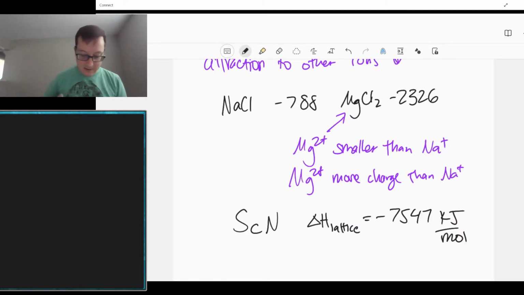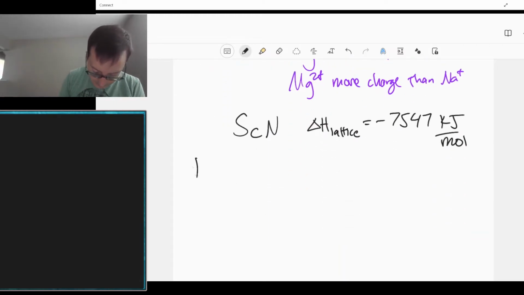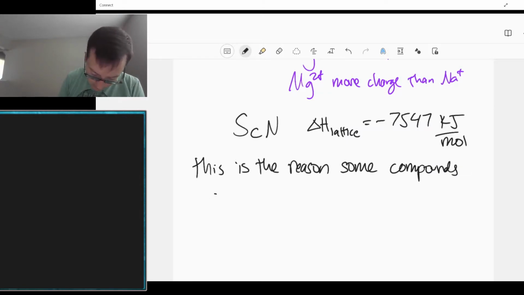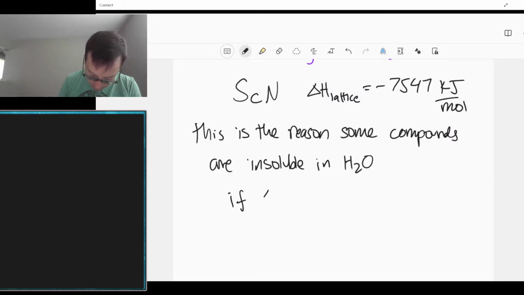And so this is the reason that some compounds are soluble in water. And we see generally this is because they have high lattice energy. I guess we could say negative.